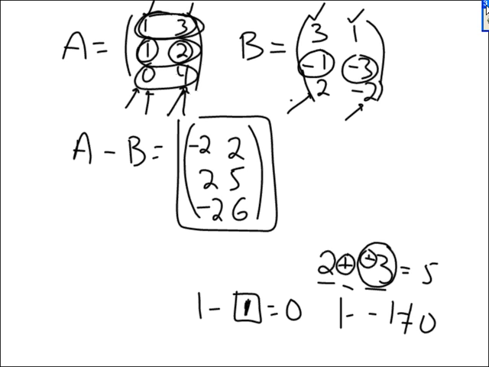The next thing we can do in matrices is what's called scalar multiplication. Just a big word, but doesn't mean very much. It's a simple process. Naturally, it means a lot, but it's a simple process. 3 times this matrix.